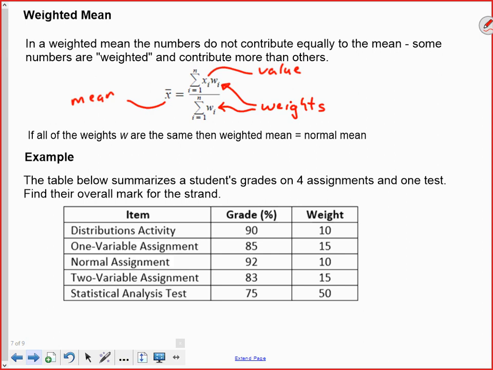So basically this formula is you take each value, multiply it by its weight, and then you divide by the sum of all of the weights. So it's like the sum of each value times weight divided by the sum of the weights.